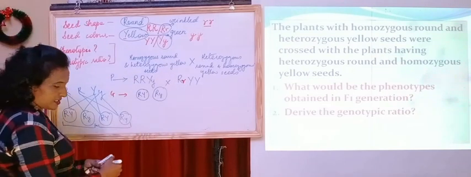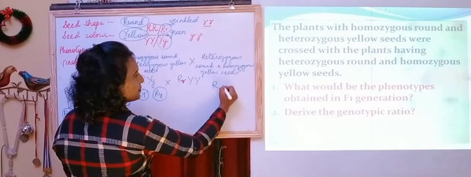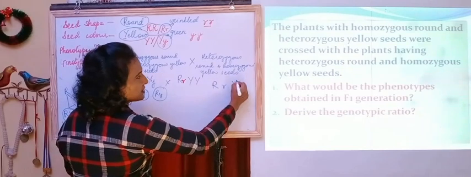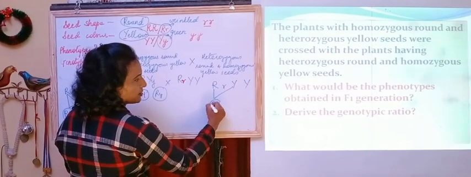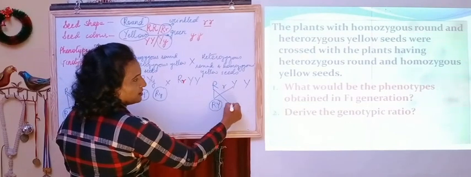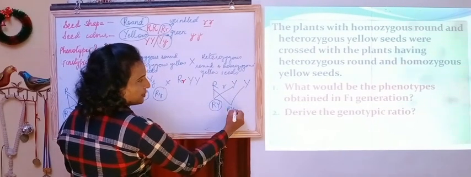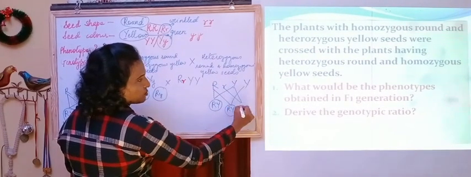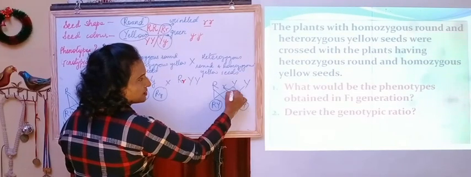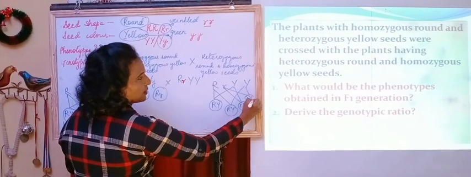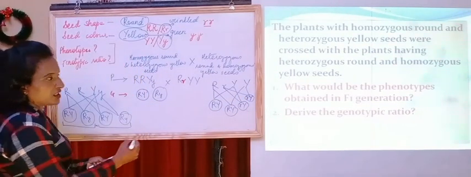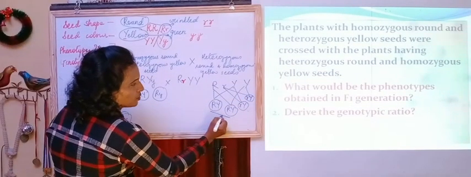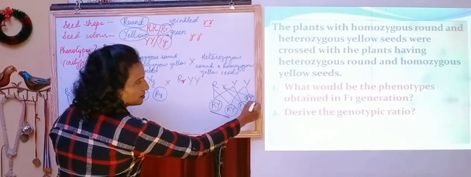Similarly for this, I will again separate it out, capital R, small r, capital Y, capital Y, and assort them: capital R, capital Y, capital R, capital Y, small r, capital Y, small r, capital Y. Okay. So again we see here, these two are similar and these two are similar.